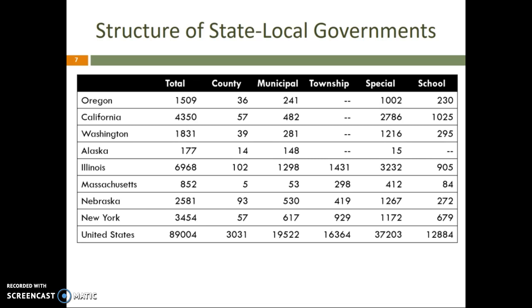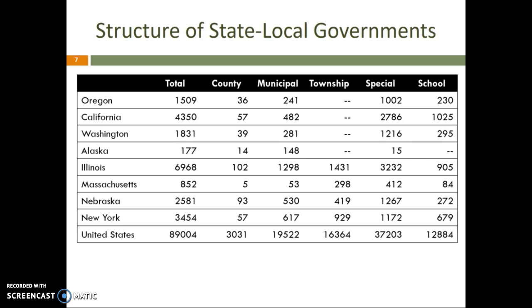You also have water districts, you have fire districts. So a lot of things that are very specific and essential to the functioning of a local government are part of special districts. But you can also see on here that different states use special districts to a very different extent.